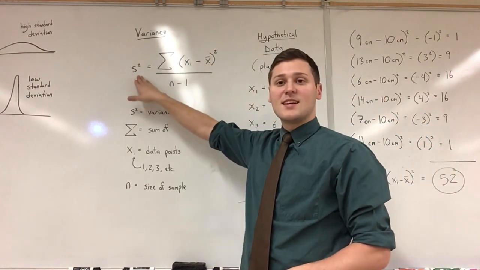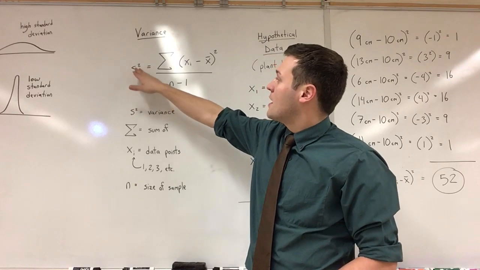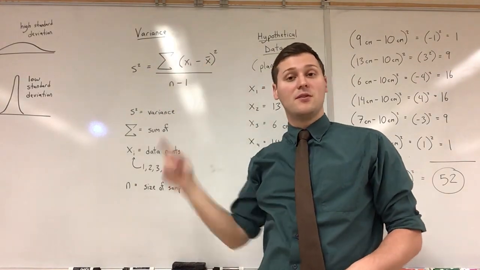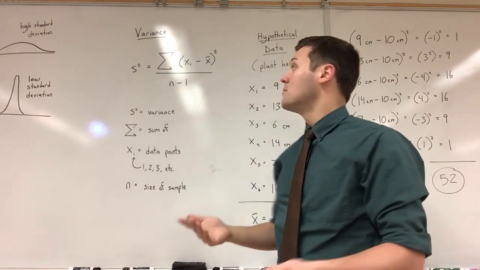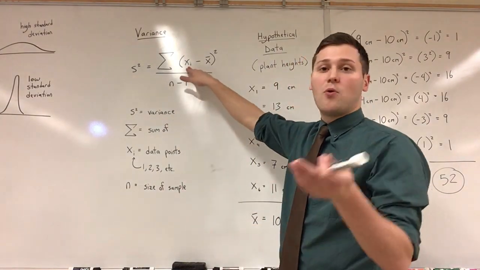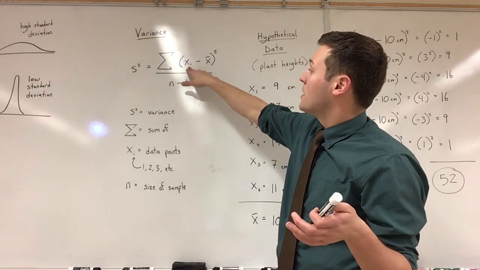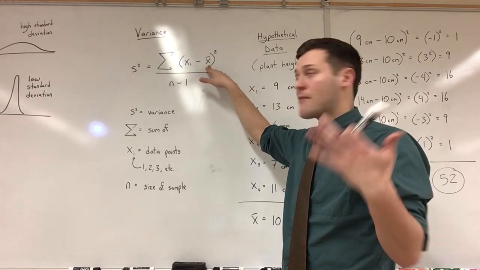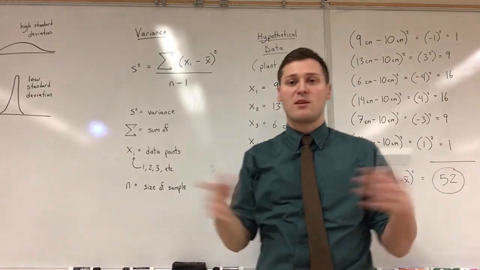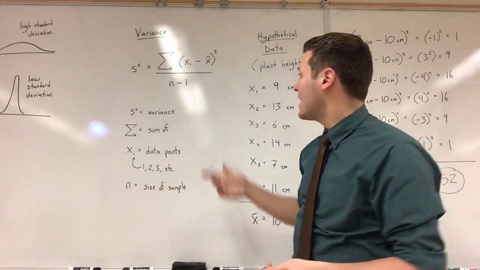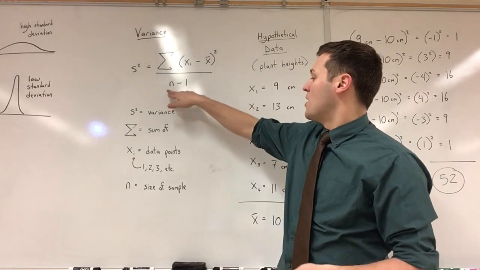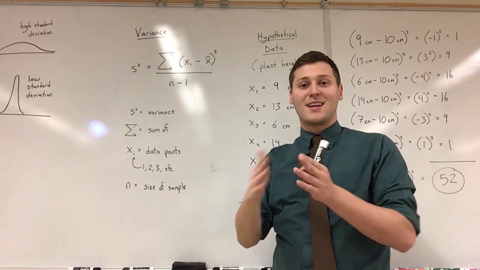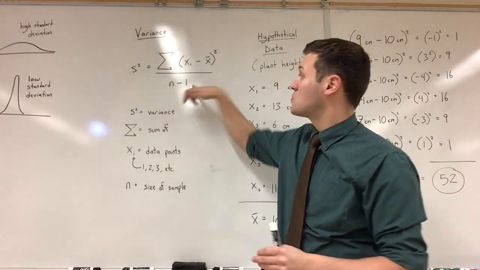So variance is s squared, and variance is equal to the sum, so this is a sigma symbol, it means the sum of each data point minus the mean, the average, and we square that to get rid of any negative values that we might get, and all of that over the size of your sample minus 1. So if you took 6 data points, it's 6 minus 1.